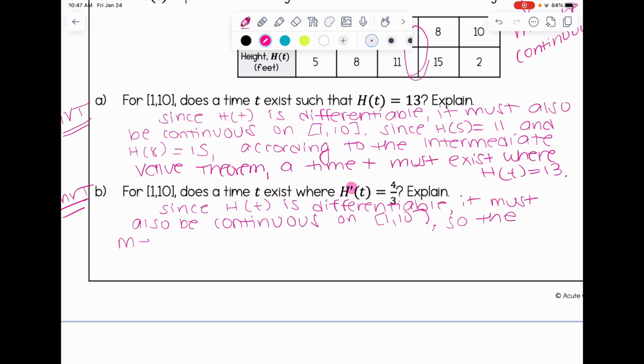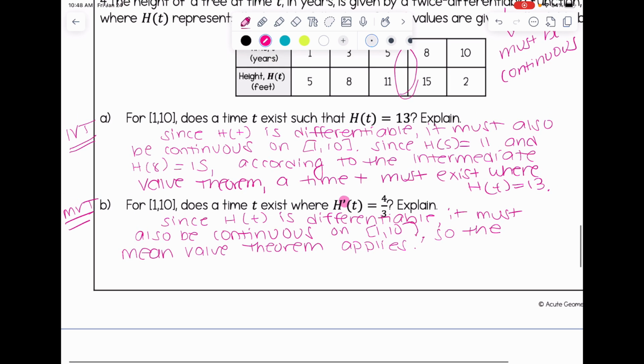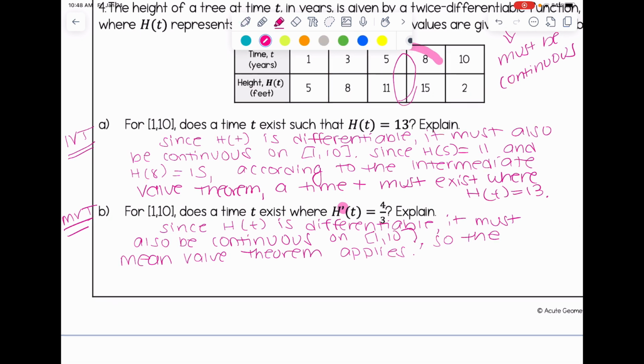So the mean value theorem applies. Now that we've got the requirements out of the way, let's talk about where this 4/3 comes from. I noticed that actually in those same values that we talked about in part A, if I find the slope between those 2 points, (5, 11) and (8, 15), it comes out to be 4 over 3.